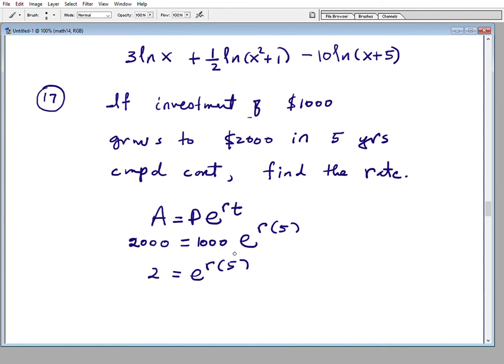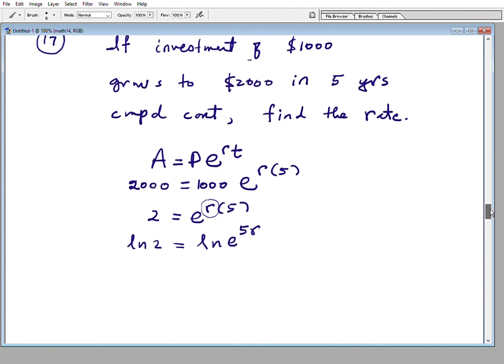Whenever we want to solve for a variable in an exponent, we log both sides. Log and e are inverses, so they basically cancel out. So here we have ln 2 equal to 5r, and now just divide by 5. So r is equal to ln 2 divided by 5.